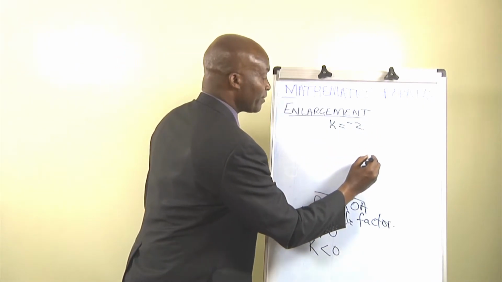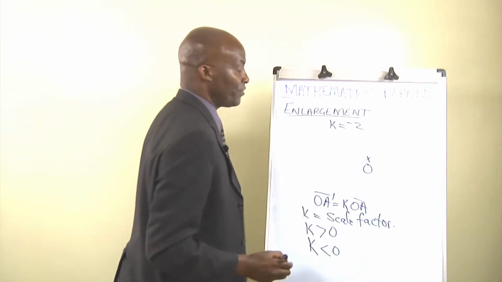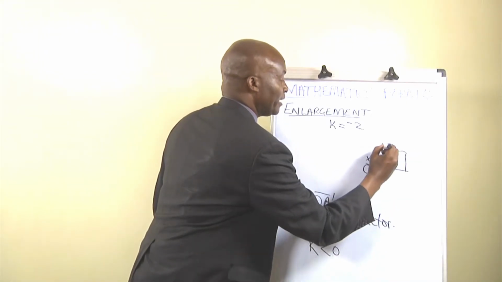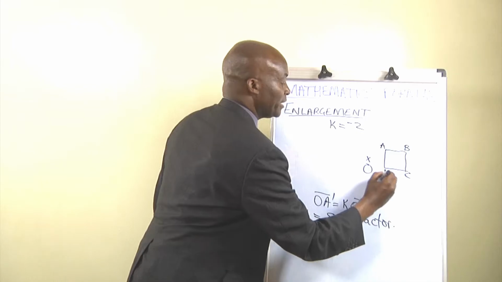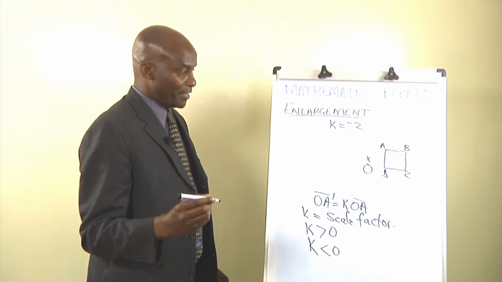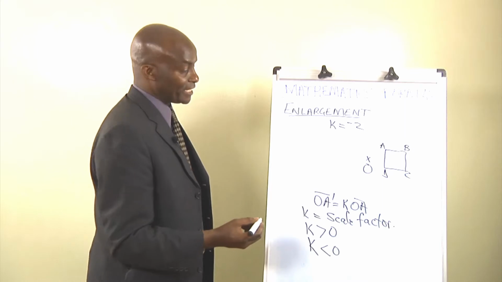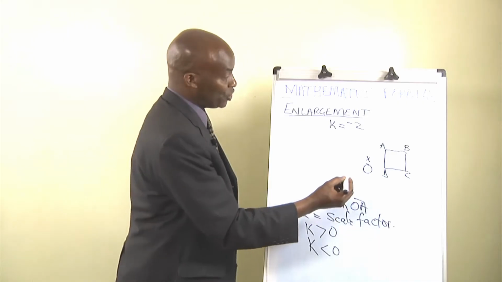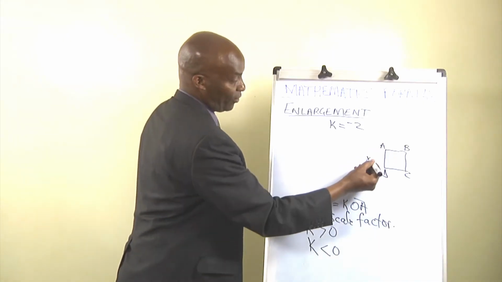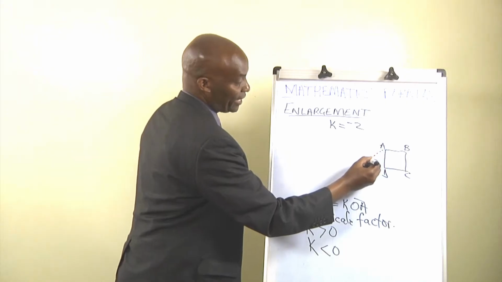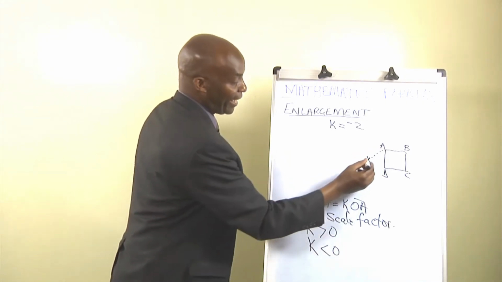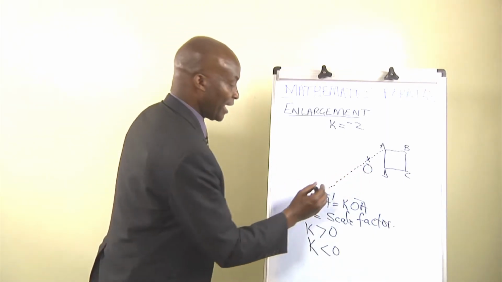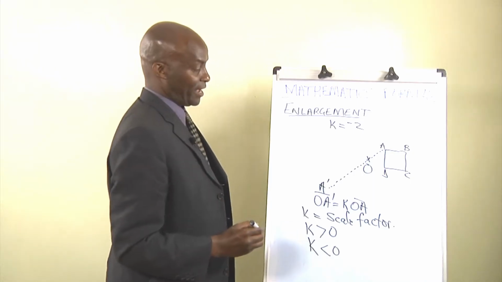So I will have the center of enlargement O there, and I will have my object square, A, B, C, D. But because the scale factor is negative, when it comes to drawing the image, I will measure this distance, OA, and then multiply it by 2 and move in the opposite direction, and I will have my position A prime.